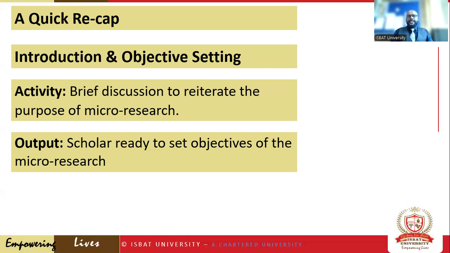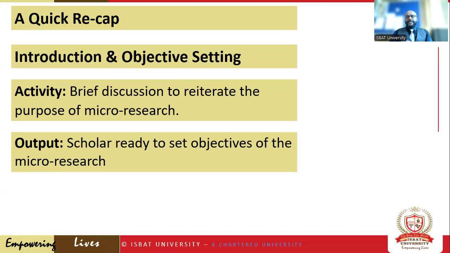As a quick recap of both sessions, the objective should reflect the research title and the purpose of the study. The problem you are going to address and the solution you are going to resolve should be reflected in your title, and the objective should reflect that too. This kind of harmony makes a proper research.